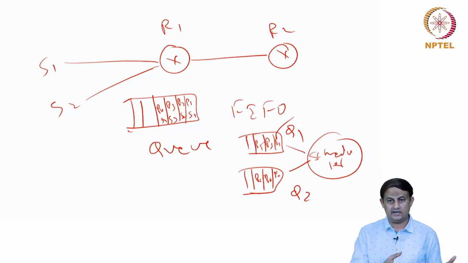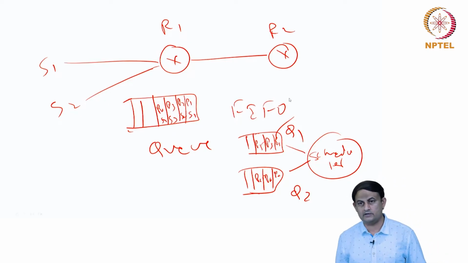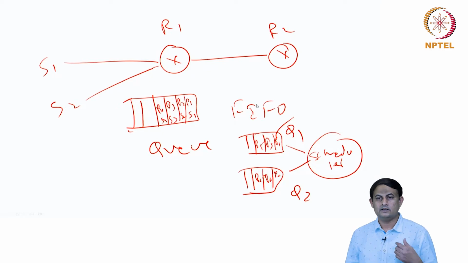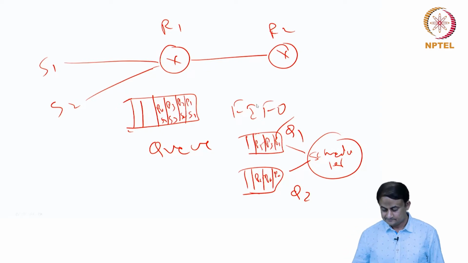This is the second strategy with which you can achieve quality of service, and that also falls under the traffic management strategy. And the third way of providing quality of service is something called buffer management.